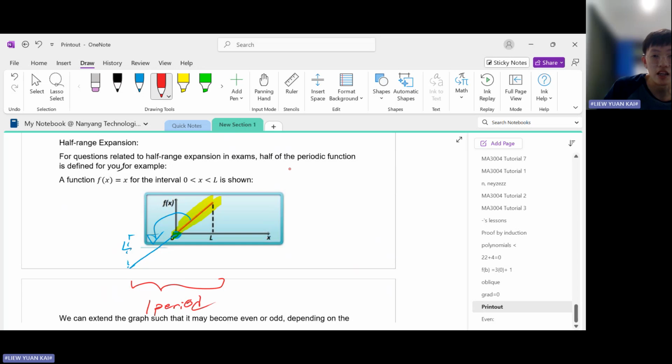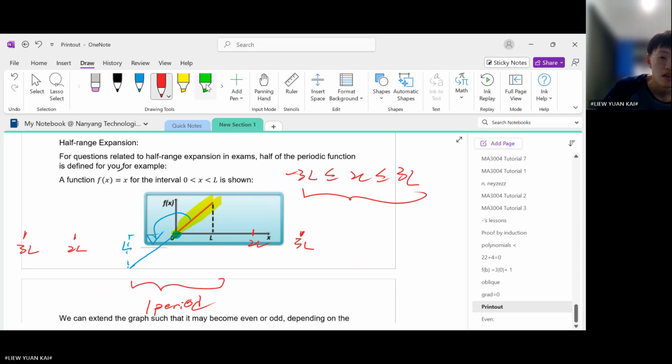And then again, if you are asked to, let's say, do from negative 3L to 3L, what you need to do is copy paste until you fill up this entire domain. Let's say this is 2L, this is 3L, then here's 2L, this is 3L. So copy paste this over this space until you fill it.